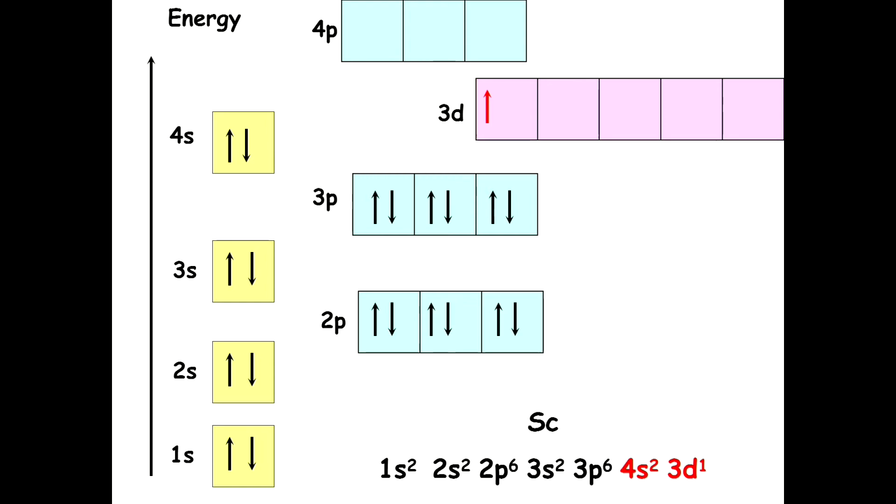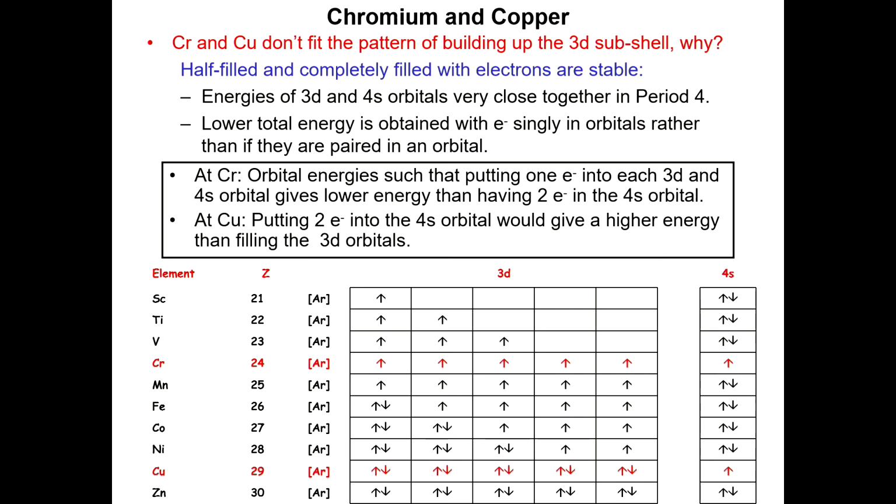And the second one, of course, will be 3d2, right? So here we show the electron configuration of the 3d orbitals. The first electron is put here, the second one here, and the third, the fourth.